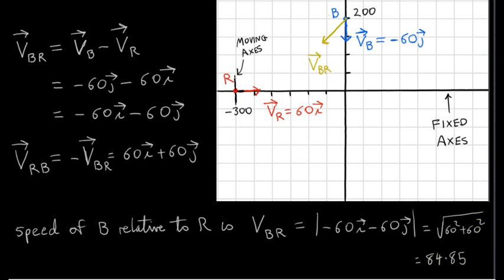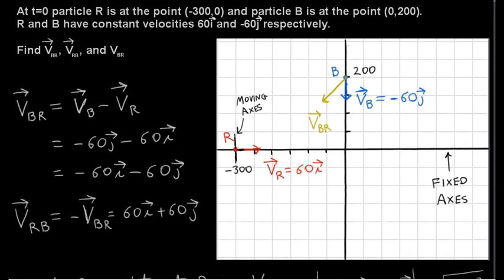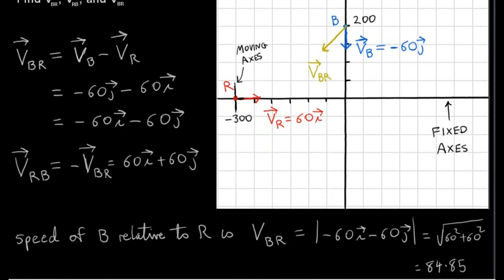Now, I haven't specified units in this question. I only stated what the velocities of R and B were without saying what the units are. So I'll just leave it as a unitless quantity. Actually, I think I will use units here. Let's make the distance of B above the origin 200 meters.